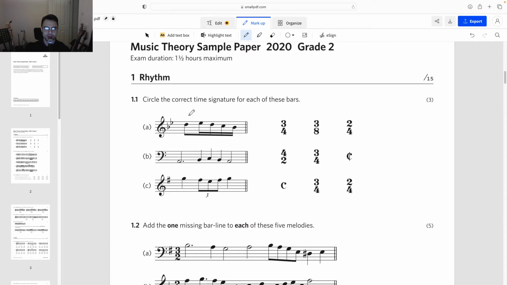So let's see if we can count in 3-8 and count the quavers. So this will be our first quaver. And then if we come over here and we add these two semiquavers up, we get our second quaver. And then if we add these two semiquavers up, we get our third quaver. So this would work as a bar of 3-8.